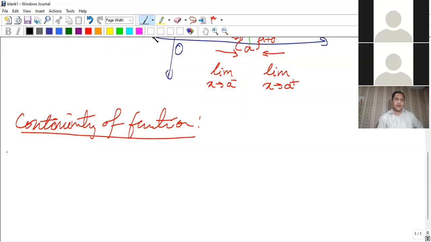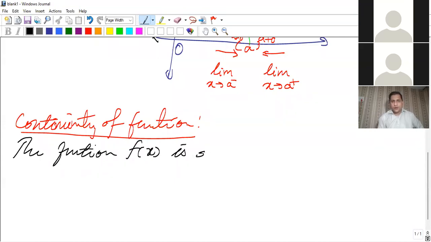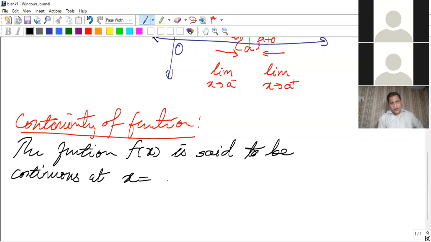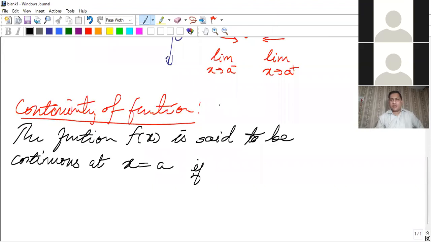We can write here: the function f of x is said to be continuous at x is equal to a if. Again, as I said, most of the time we forget about the if part. So this is very, very important.